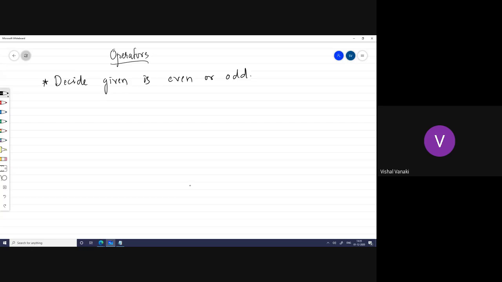So generally, how do we decide? Whether it is divisible or not. Yes, absolutely. If the number mod 2 is equal to 0, then it is even, else odd. So this is how we decide it.